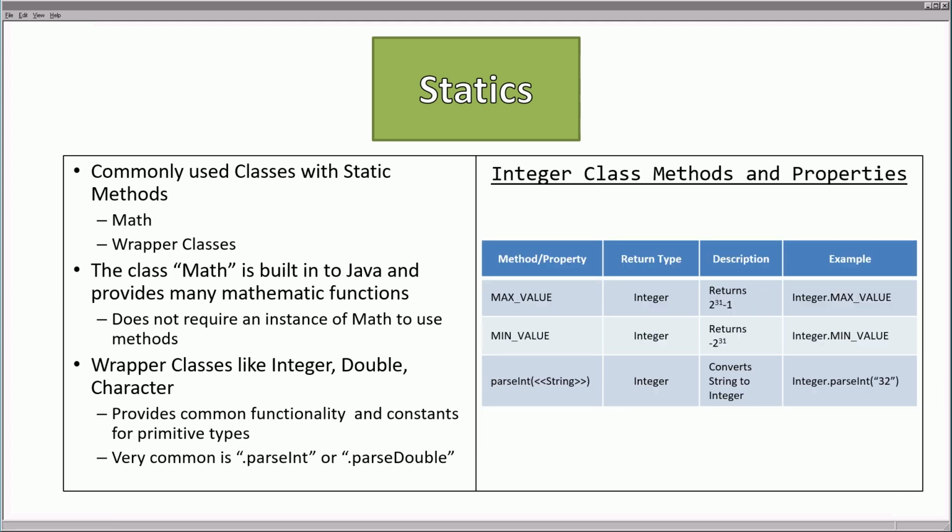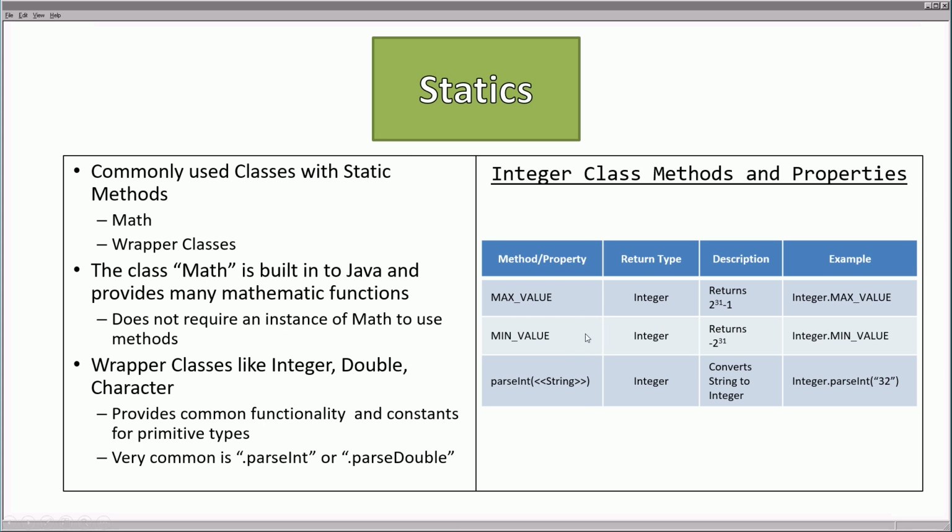Another type of class that uses static methods are the wrapper classes. Wrapper classes basically wrap around primitive types and provide very common functionality and constants for these types. One that we've seen before is Integer. One of the most common methods that we've seen in our examples is parseInt, which is static because notice, this is the class, this is a call to the method, and this method takes in a string and then converts it into an integer.